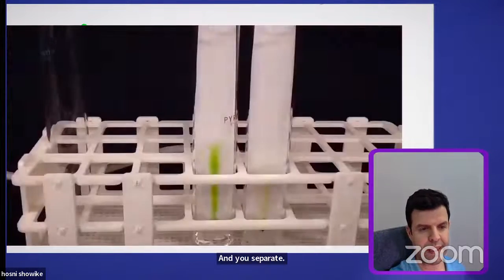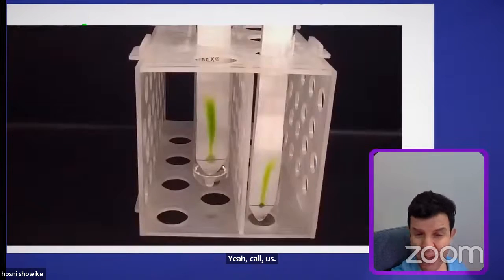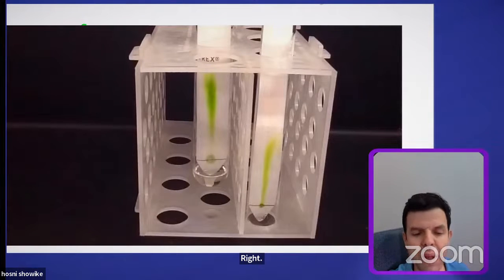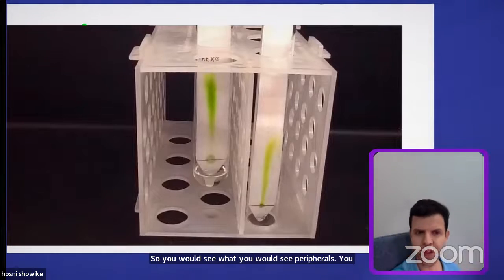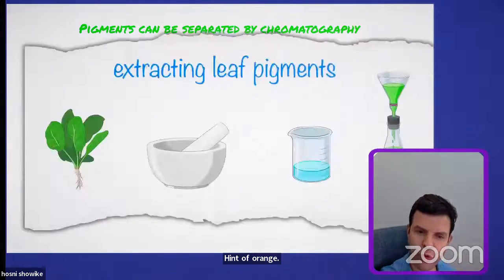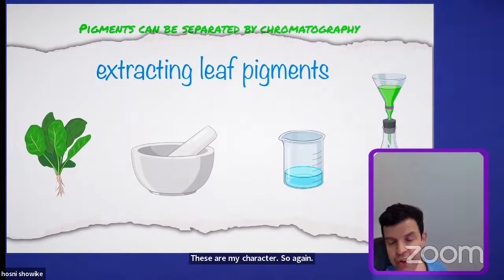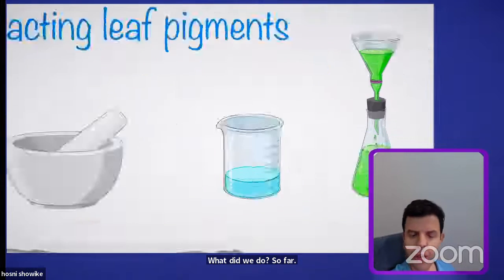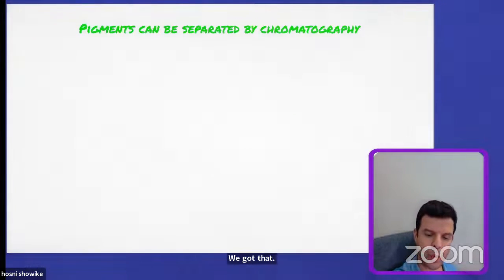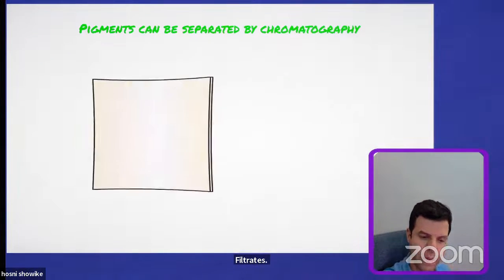right? So you would see what? You would see chlorophylls, you would see some hint of orange. These are my carotenoids. So again, what did we do so far? We crushed, we filtered, we got that filtrate. Then we took a chromatography paper.